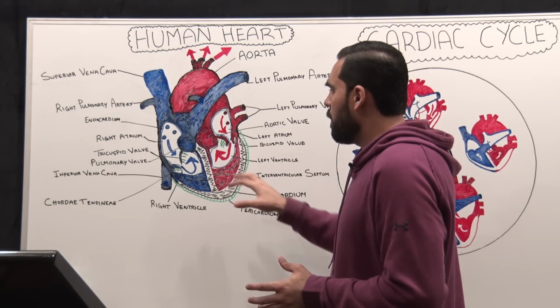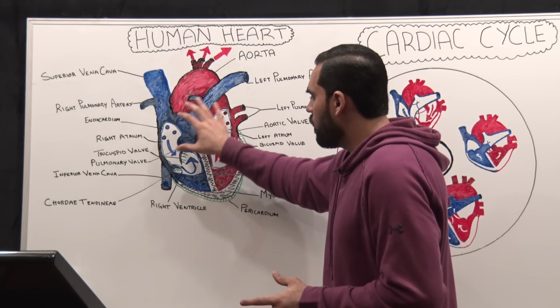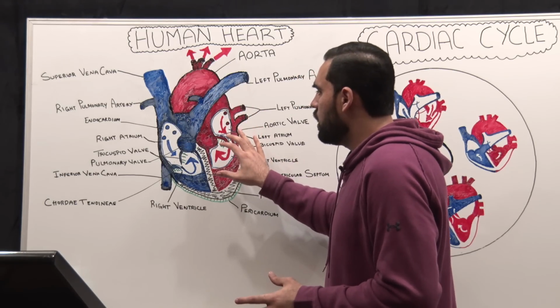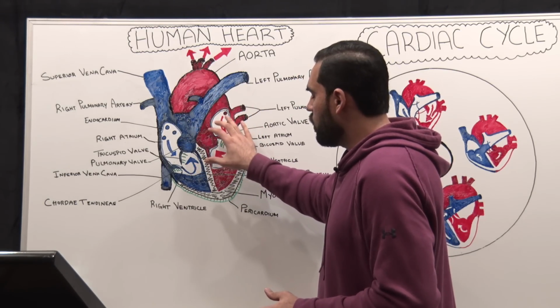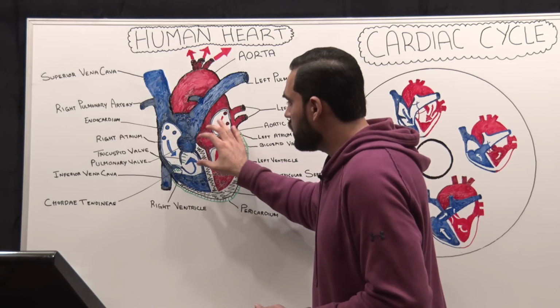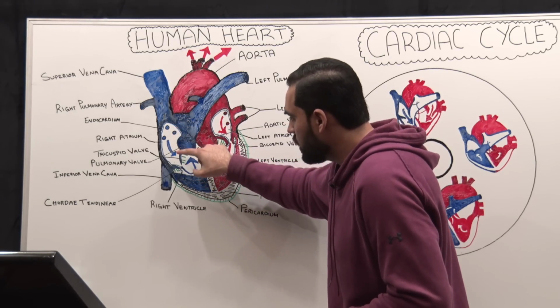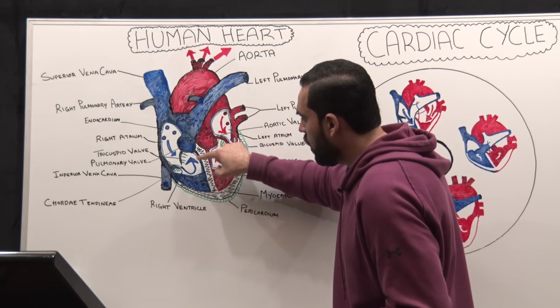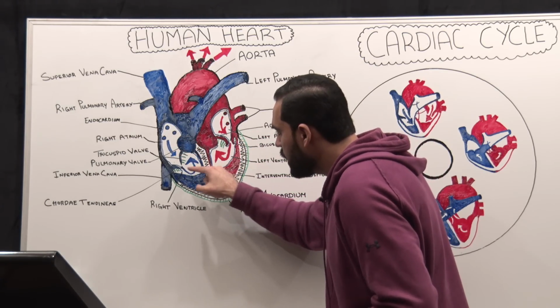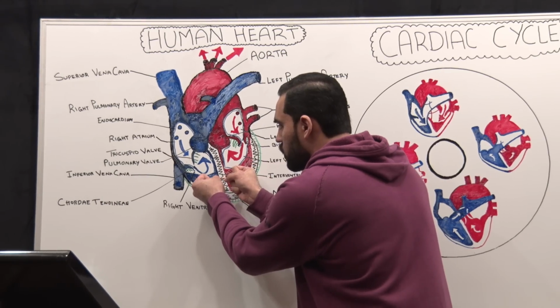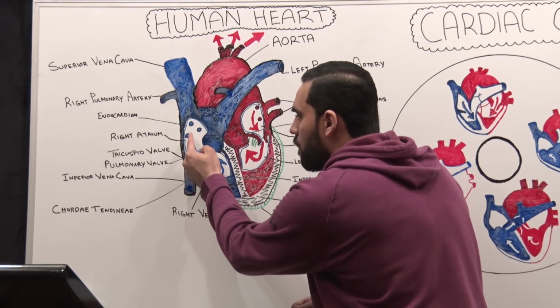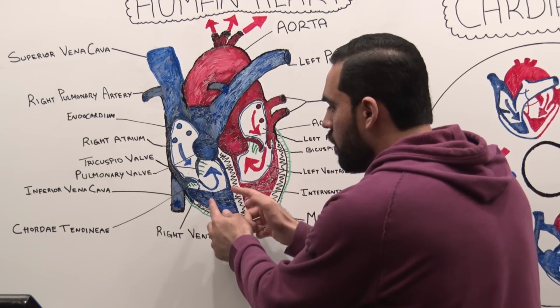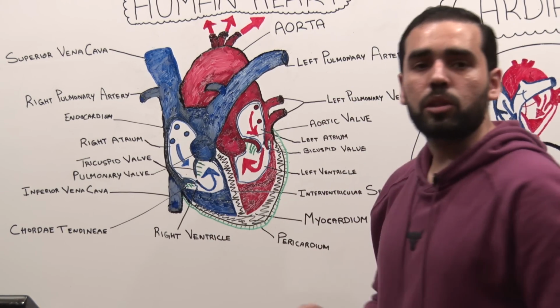I want you to understand the reason that the valves are present: the heart is basically making sure that the blood is flowing in the proper direction. As you can see from the arrows, there should not be any regurgitation. So when the ventricles contract, the blood should not be going back into the atriums, which means when the ventricles contract, these valves need to close.